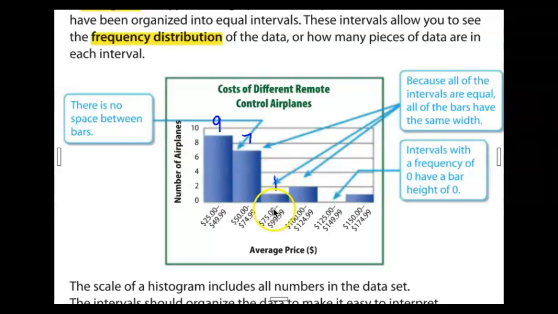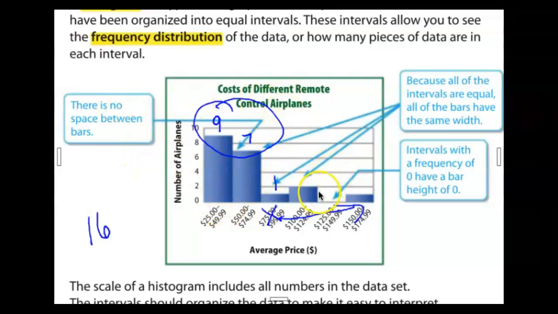Okay, so since we said less than 75, it will not be anything that is to the right of the second bar. So it's only going to be 2 bars. And so 9 plus 7 is 16. So the answer is there are 16 planes that are less than $75.